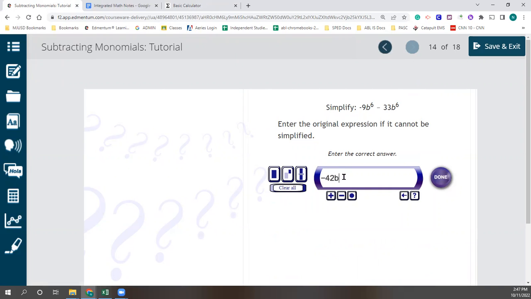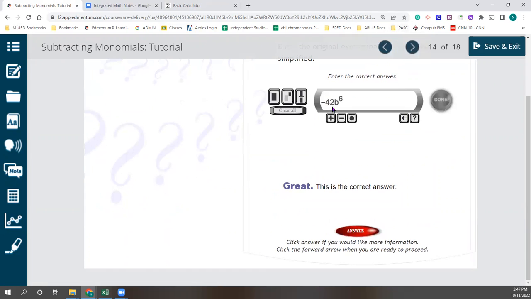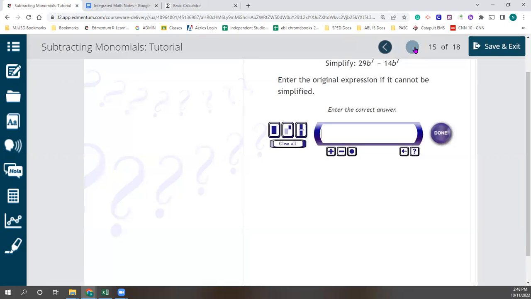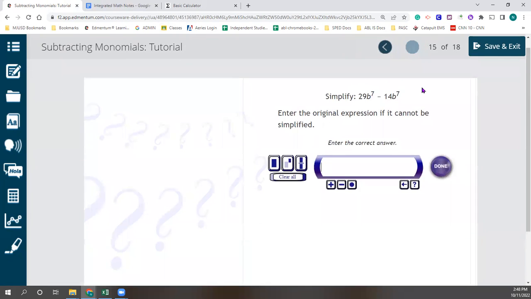Negative 42b exponent 6. Correct. Okay. I know this seems really complicated because of all these letters and probably because of the negatives and such, but it's really basic subtraction or copying down like you're supposed to if you can't simplify it.